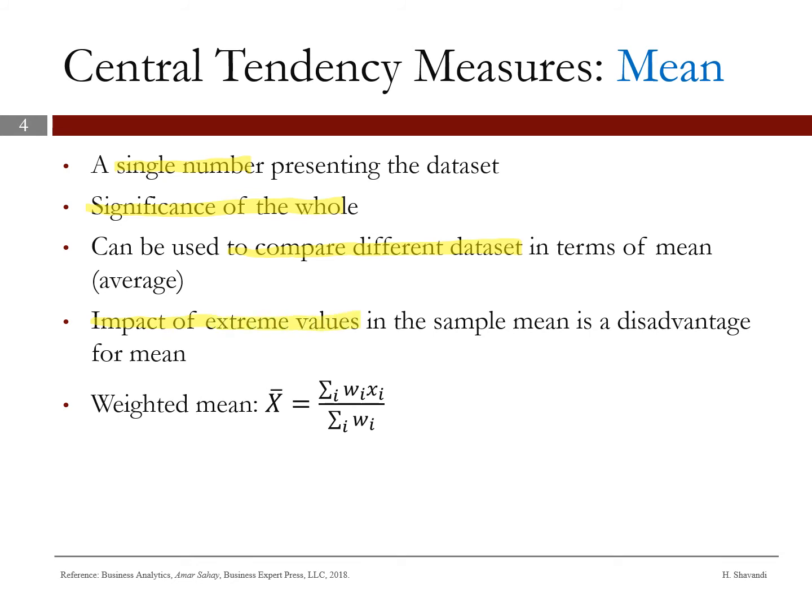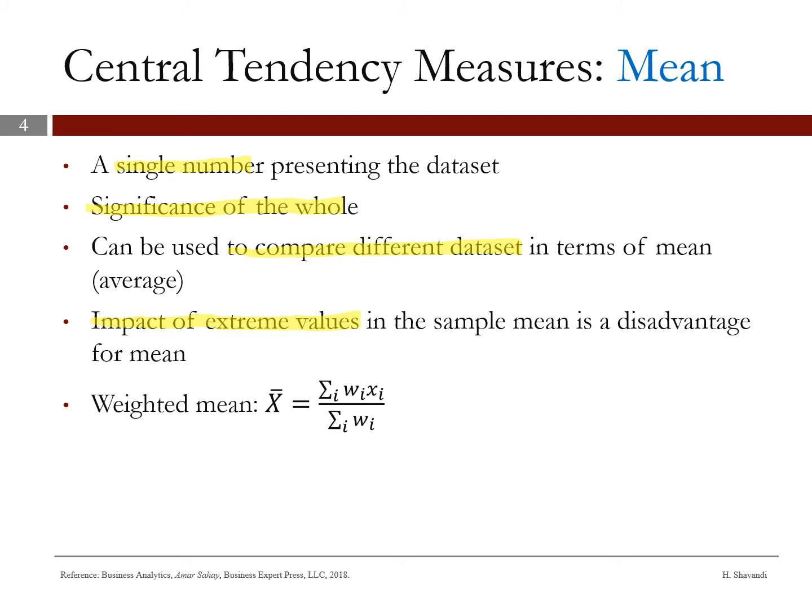For any variable, it is possible to have some extreme values, right? But we know that the frequency of those extreme values is pretty low, so they are rare to happen. But if we have some of those extreme values in our sample data, then those extreme values impact the quantity of the mean.